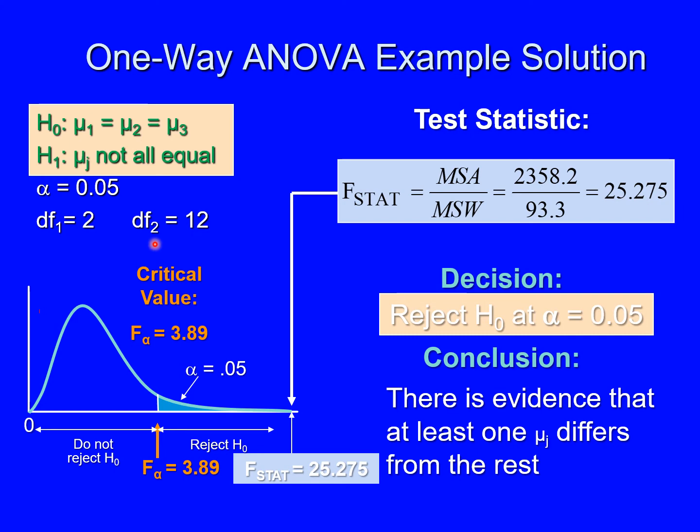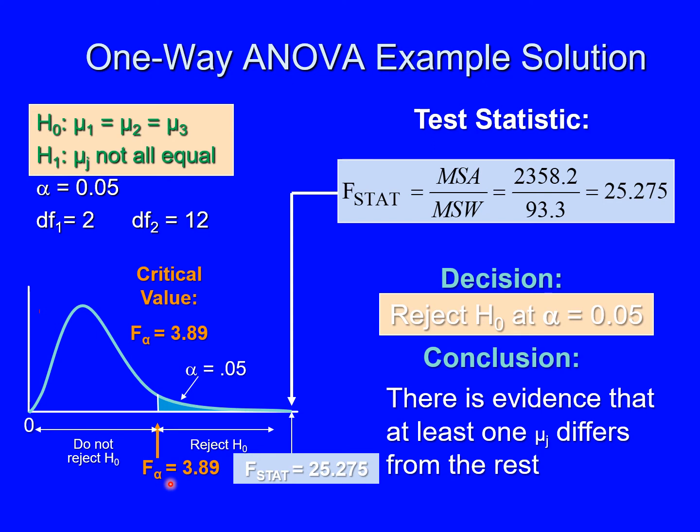So we look at the F table, and on alpha equals 5%, first degree of freedom equals 2, and second degree of freedom equals 12, we find the critical value, the tabulated value, which is 3.89.